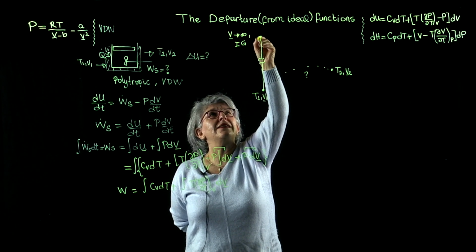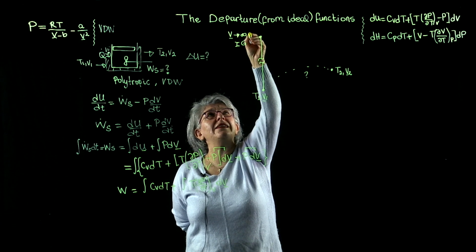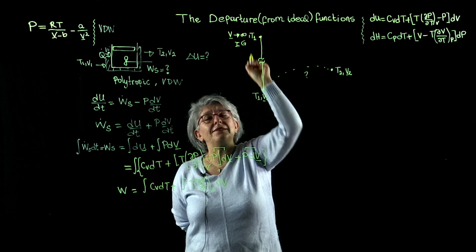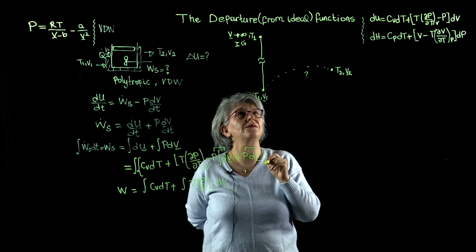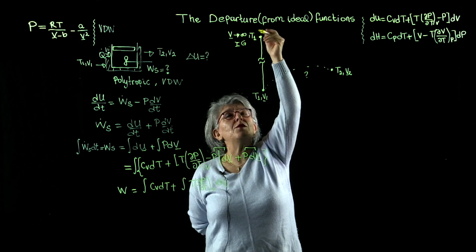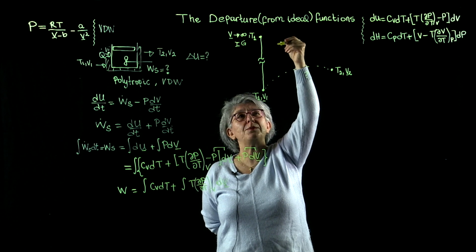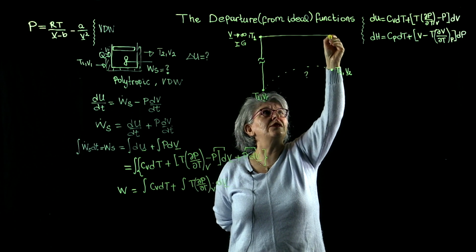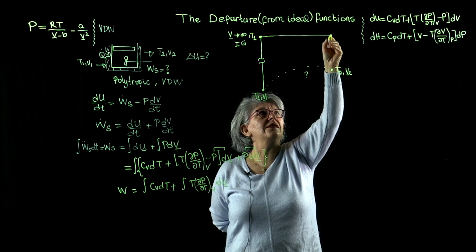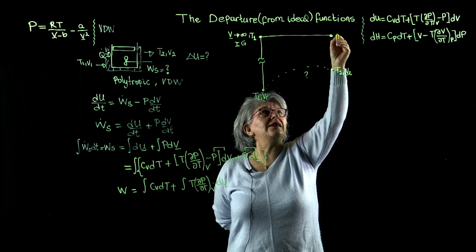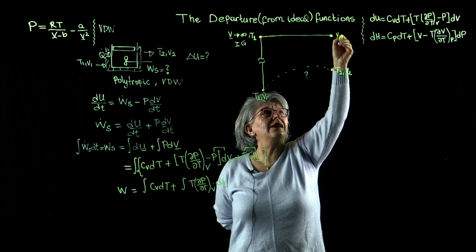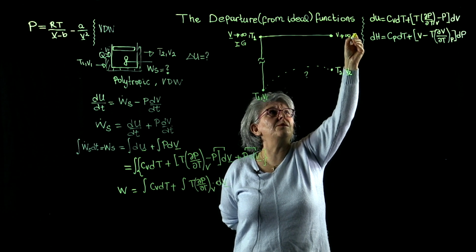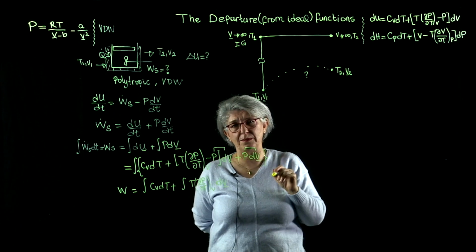And here I'm at V infinity and T1 at this constant temperature. Here I'm going to carry out my temperature integral. I will go from T1 to T2. All right, here the state is V at infinity and temperature at T2. I took my temperature integral.